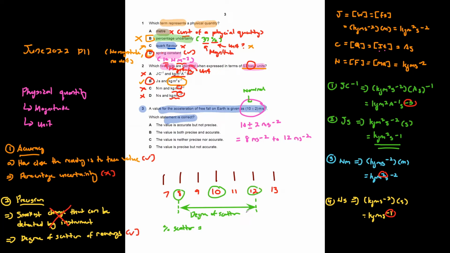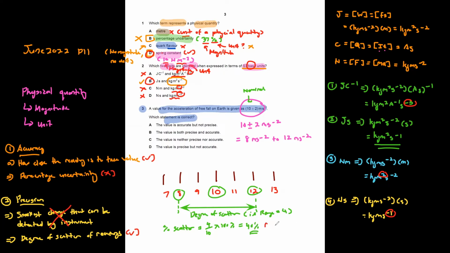My degree of scatter, in other words my range, is 4. 12 minus 8 gives me 4, right? So my percentage scatter here is 4 divided by 10, times 100%, which is 40%. So my percentage scatter here is 40%.